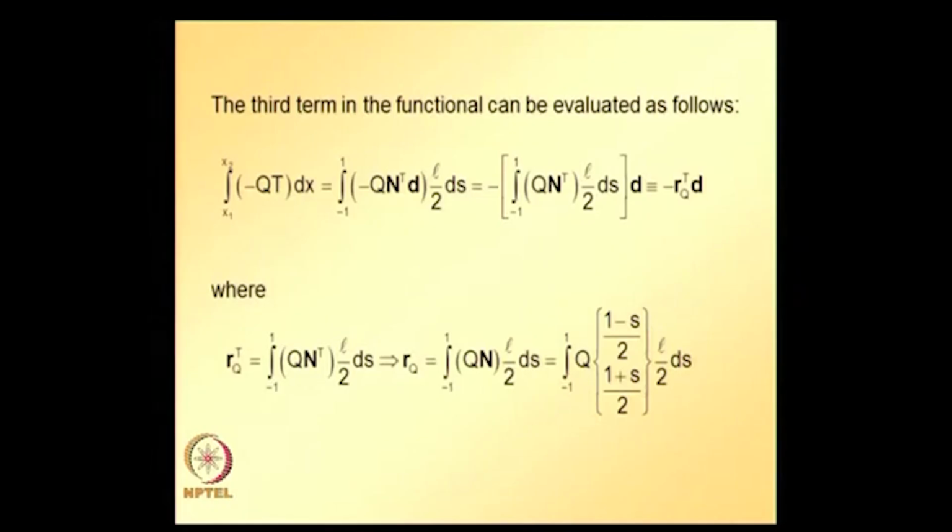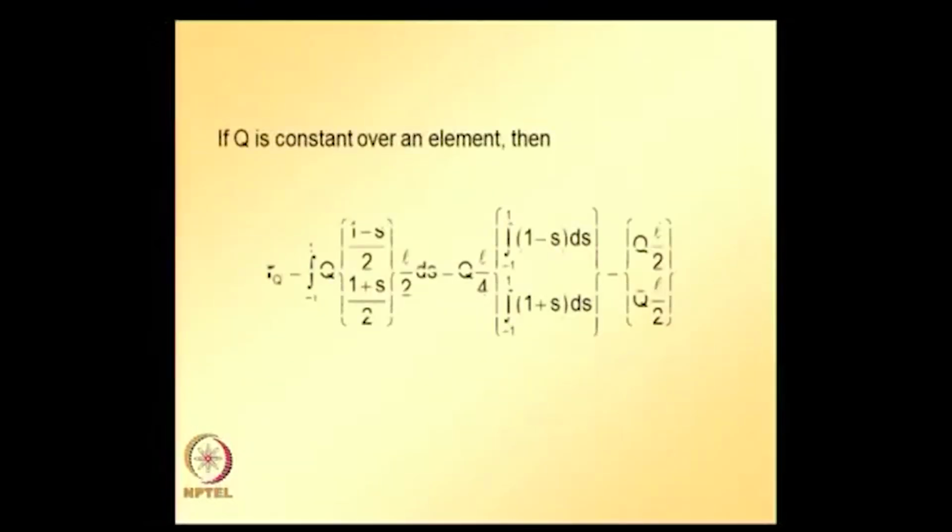And again here, if q is constant, we can take q out of the integral, carry out the integration, and we get rq equal to qL/2, qL/2, put in a column vector form.